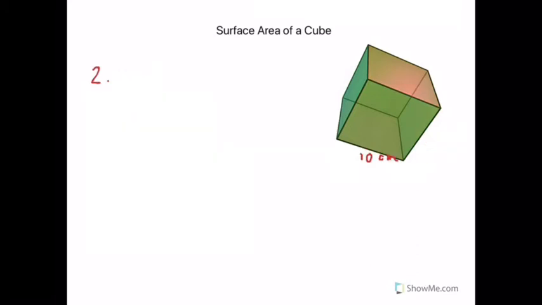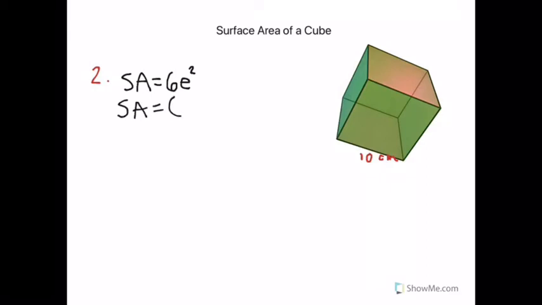All right, number 2. So here is our second cube, and you're given that one of the edges is 10 centimeters. That's all we need to know to get started on our problem. First, write down the formula that we're going to use. For a cube, surface area equals 6E squared. Formula you need to memorize.